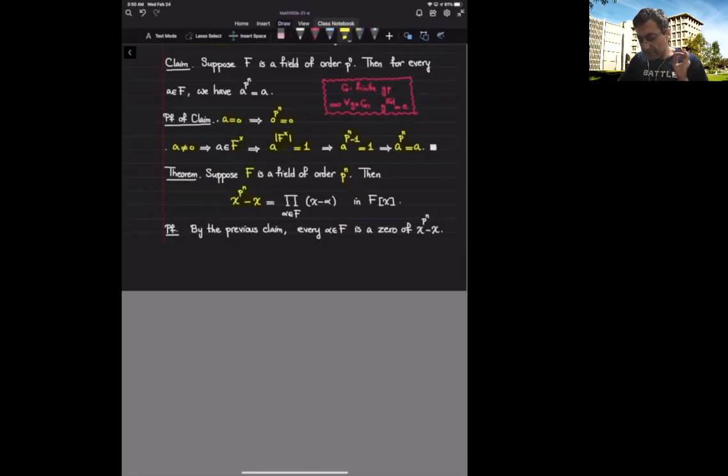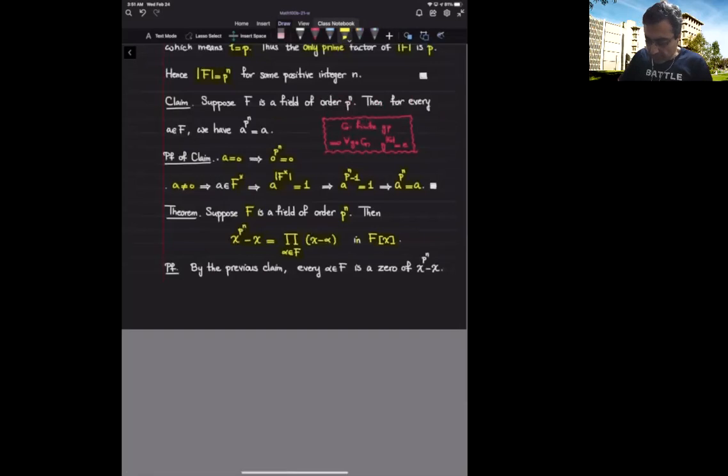In fact, this is precisely equal to the product of x minus alpha, as alpha ranges over the elements of this finite field F. But I have to consider these polynomials as polynomials inside F bracket x. Okay, let's see why this is the case.